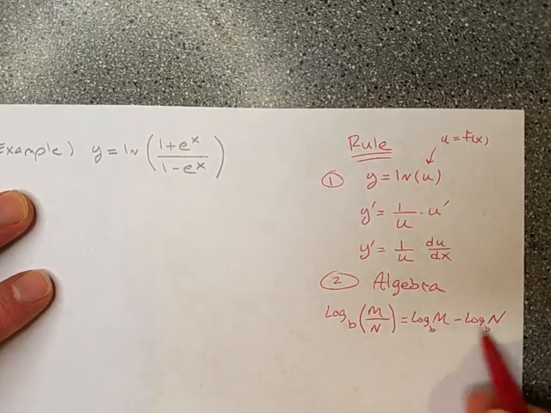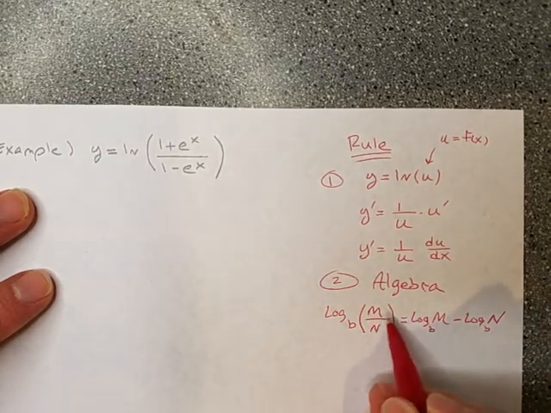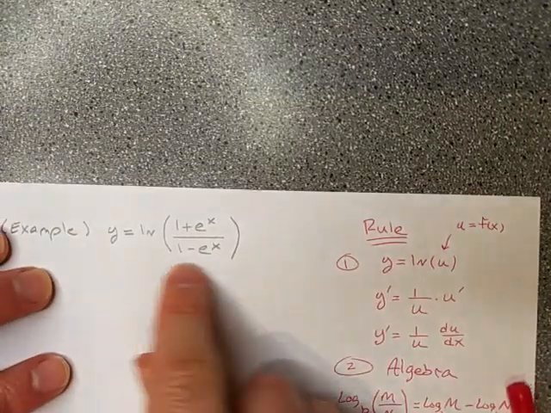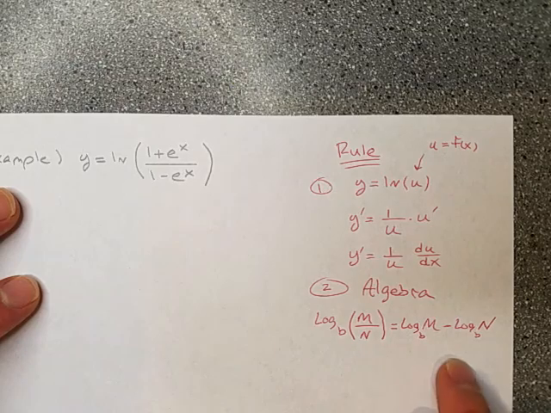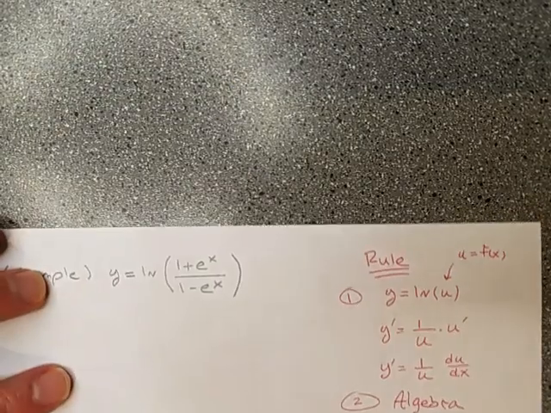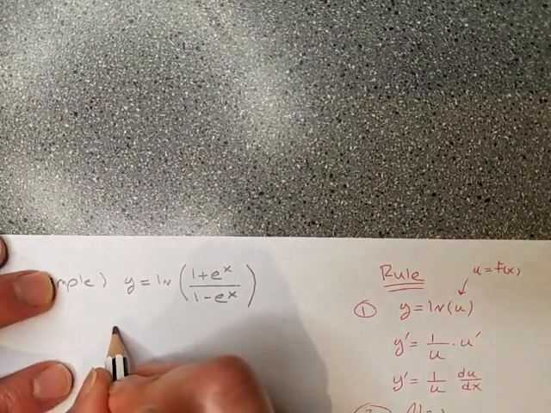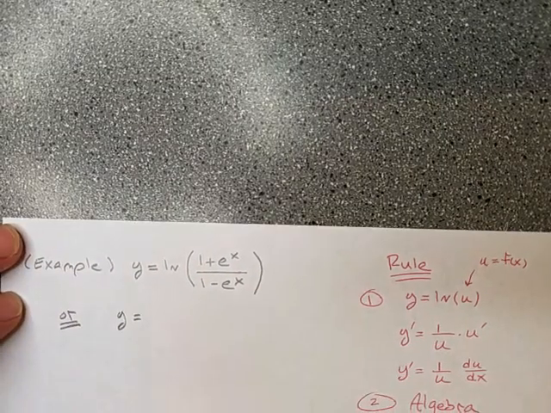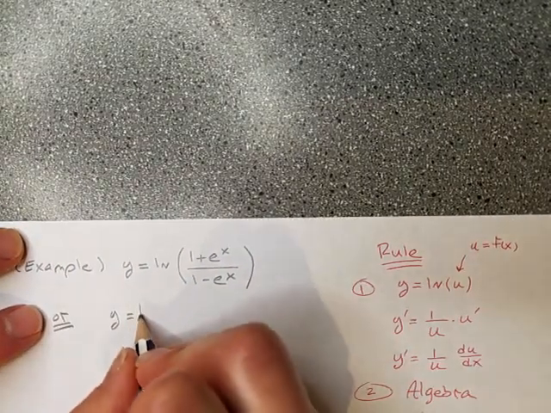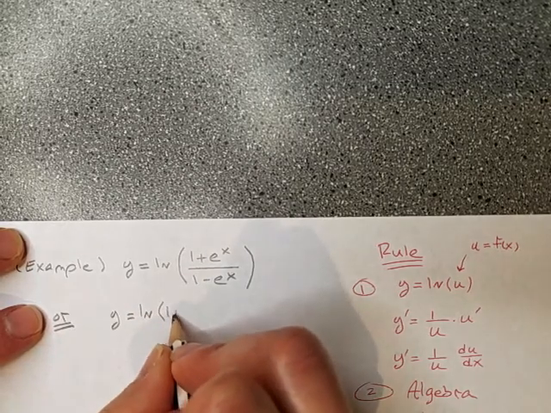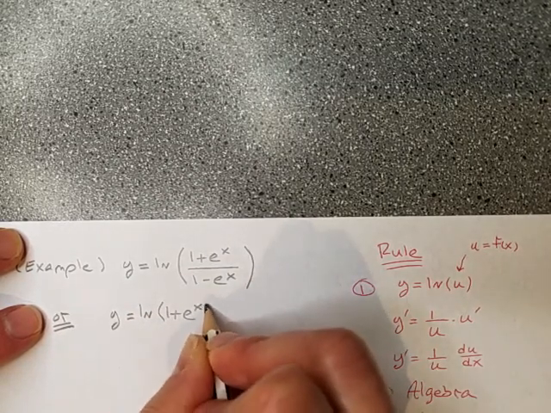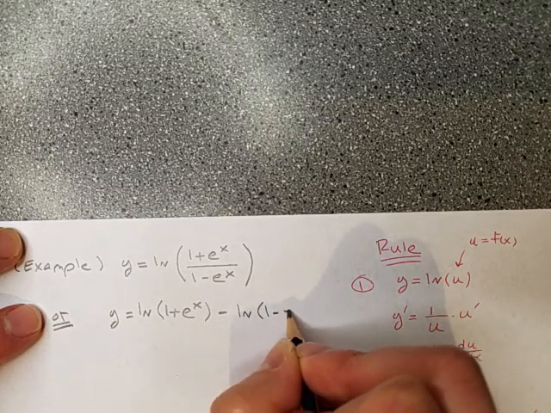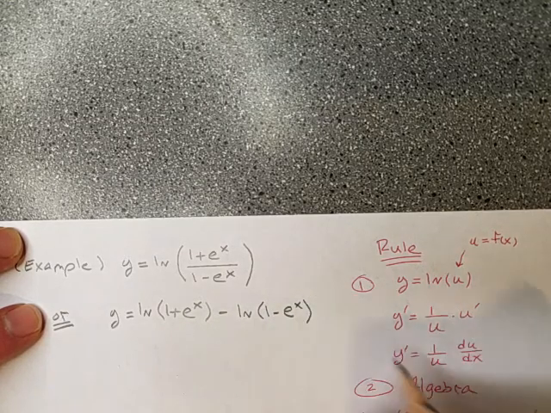And maybe these are simpler by themselves than having all that together. I think we should approach this one this way and then find the derivative. By now you know that sometimes we simplify things before we start working on them. So I'll get natural log of 1 plus e to the x minus natural log of 1 minus e to the x.